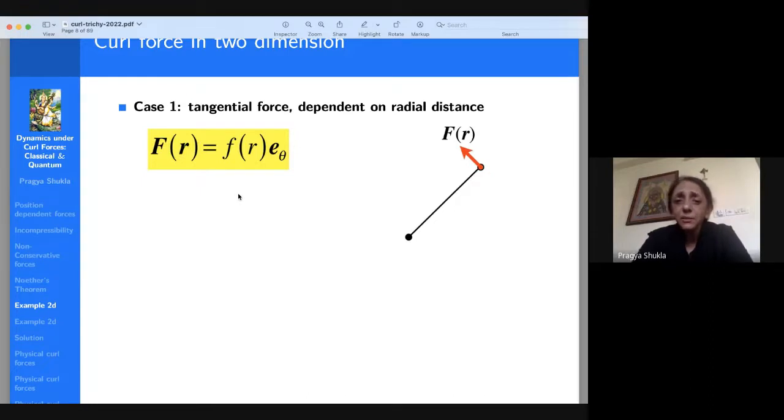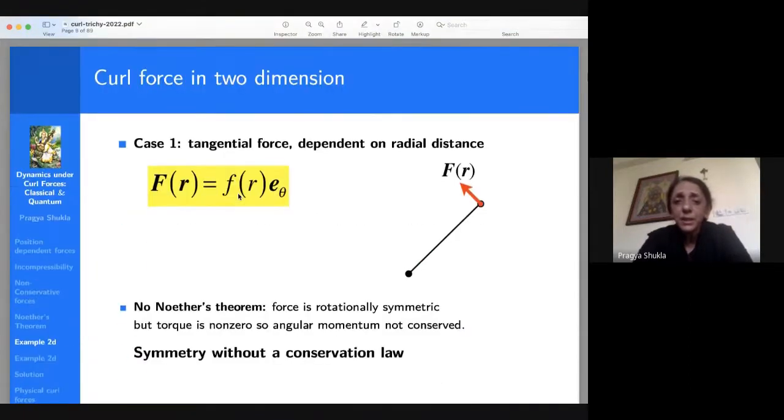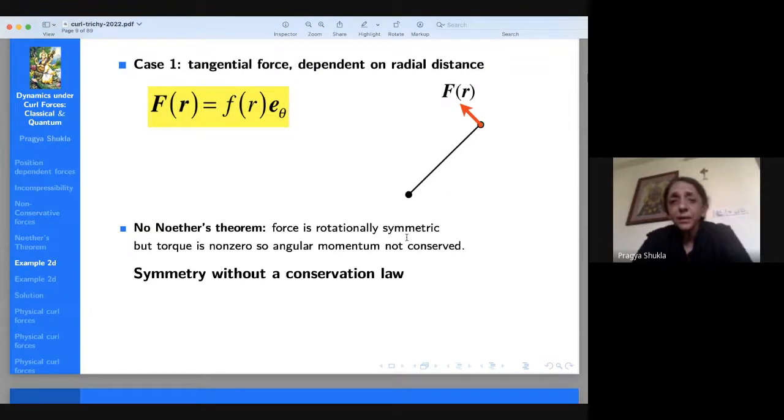Although the force is rotationally symmetric, because the magnitude does not depend on theta, the torque is not zero. So what does it mean? That angular momentum is not conserved. So the force is rotationally symmetric, but angular momentum is not conserved. This is symmetry without a conservation law.